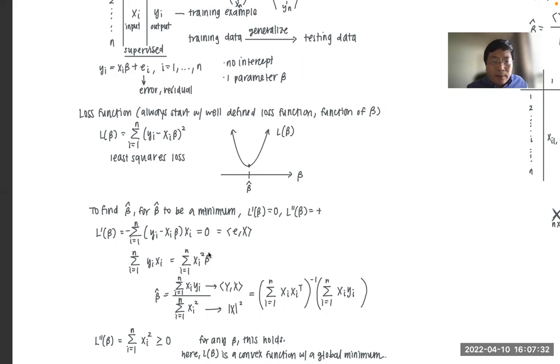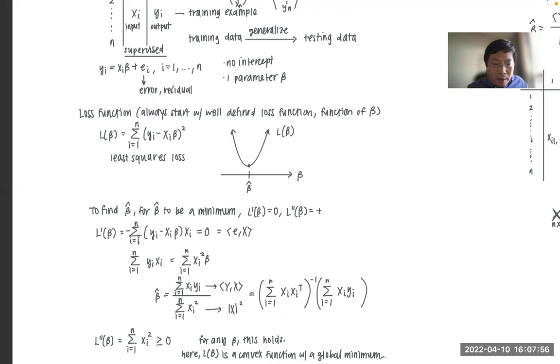Okay, so we can see that this yi minus xi beta is actually the residual. We may call this ei, right? So this is the summation of ei times xi. Later, we will see that this is an inner product between two column vectors. But for now, let's try to solve this equation.